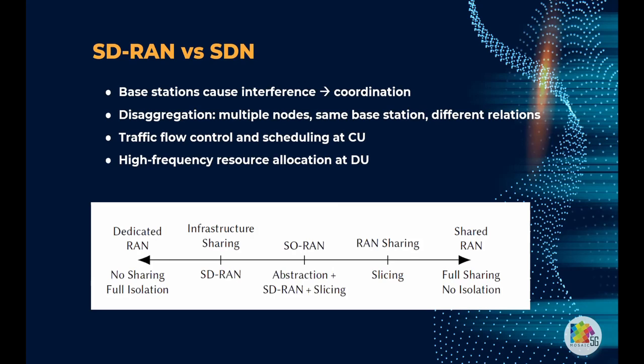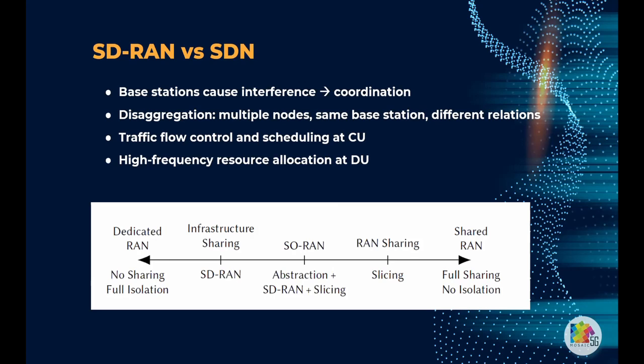One of the differences between SD-RAN and SDN is that base stations cause interference and you need coordination. You need to coordinate across many base stations to make sure that your users get the performance they deserve, or even make sure that the right part of the spectrum is allocated to the right operator.